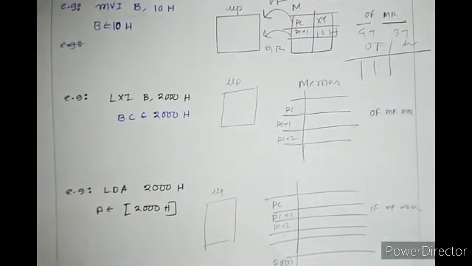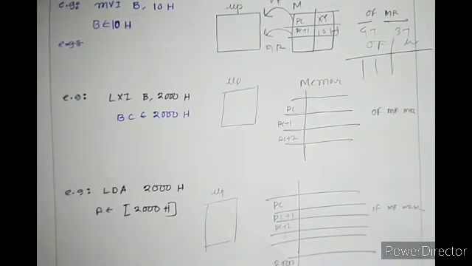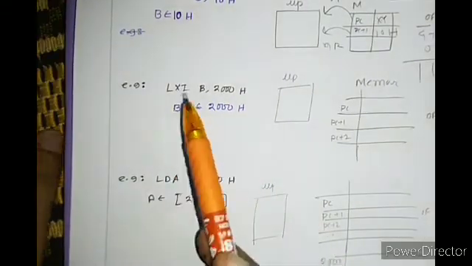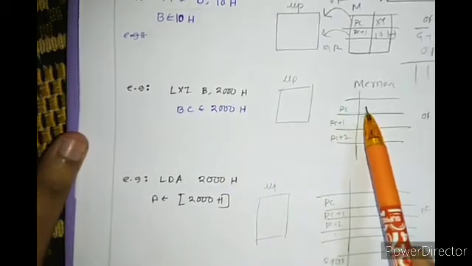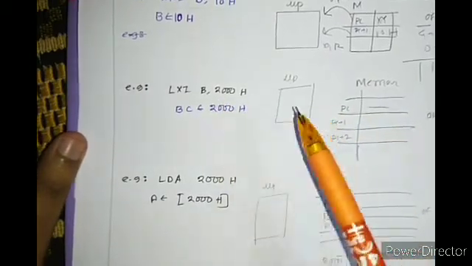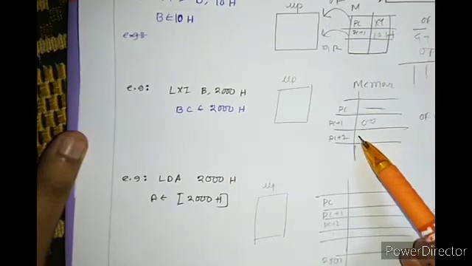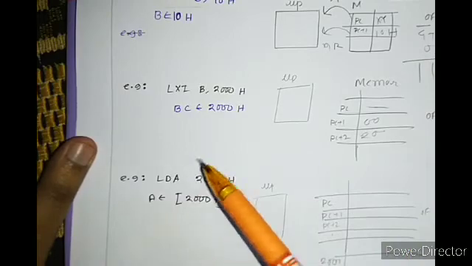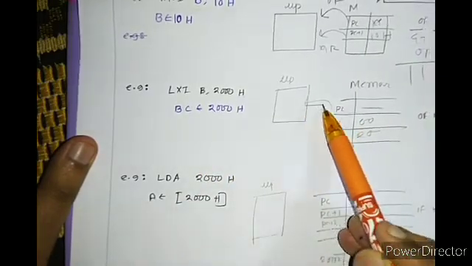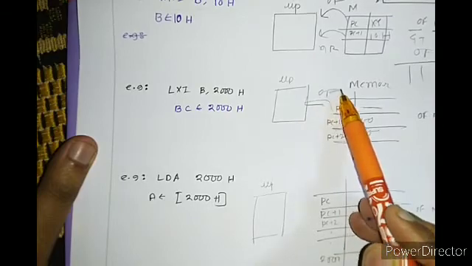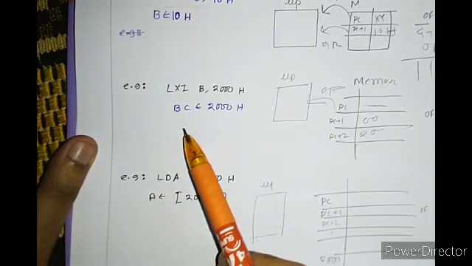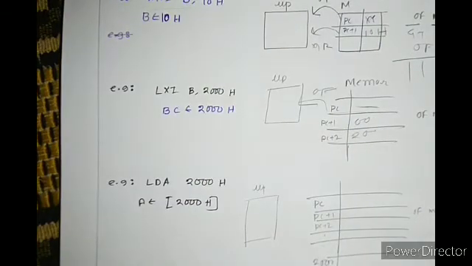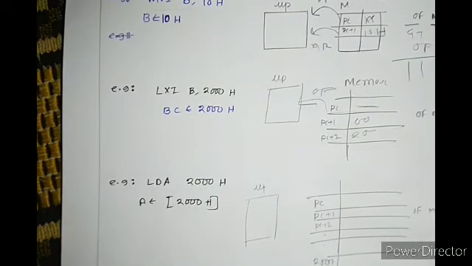Next is LXI B, 2000H. LXI B is 1 byte, then 2000, which will be stored as 00 and 20, right? Higher byte goes to higher address, lower byte to lower address. So first opcode fetch, then it tells that I have to get 16-bit data into the BC register.